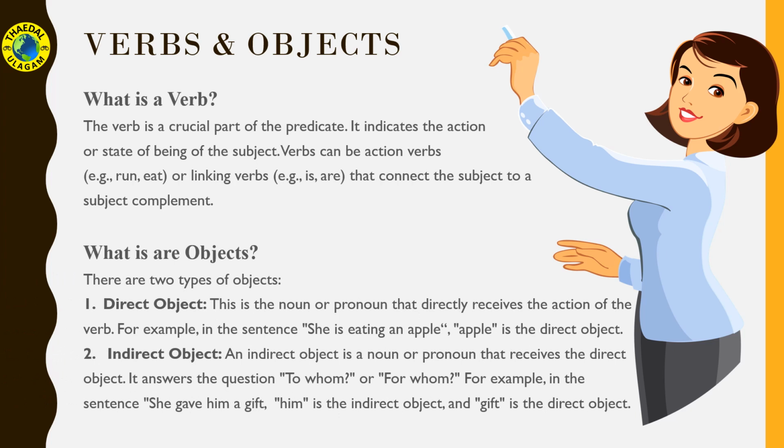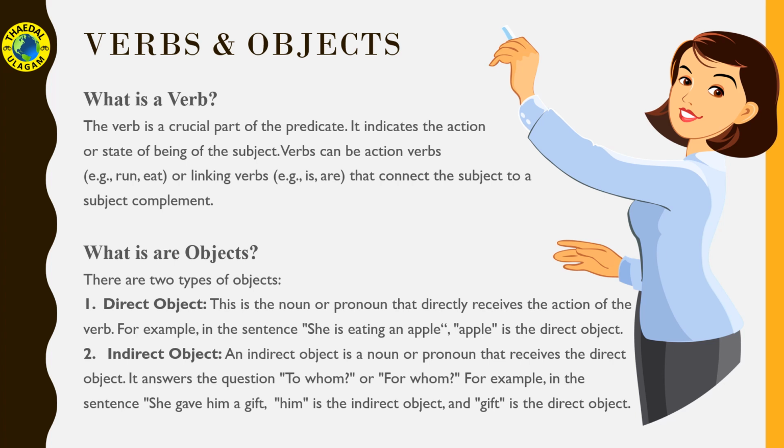What are objects? There are two types of objects. 1. Direct object. A direct object is a noun or pronoun that directly receives the action of the verb. For example, in the sentence, she is eating an apple, apple is the direct object. 2.